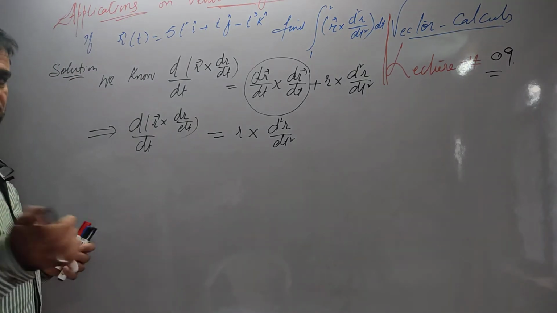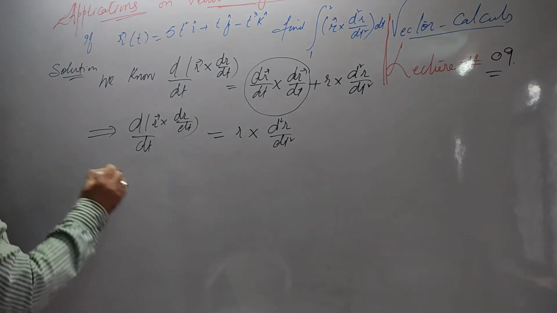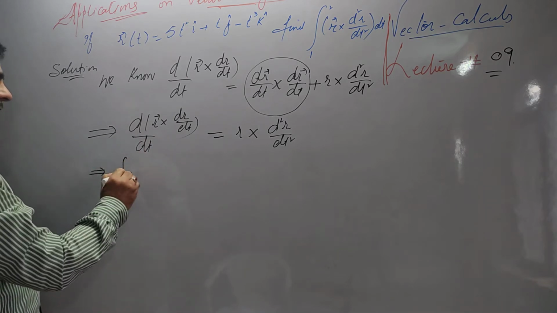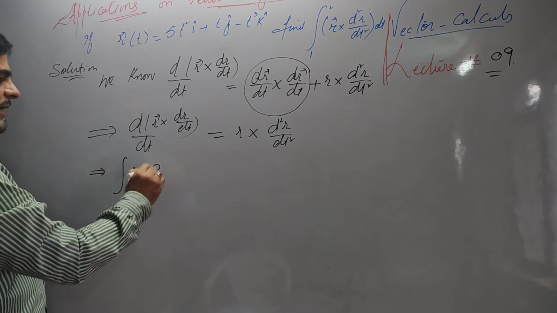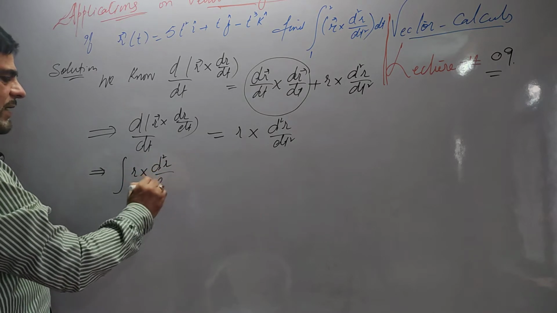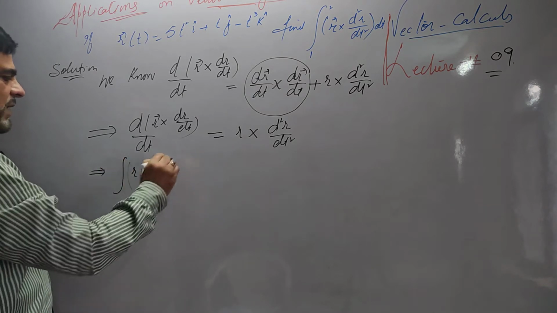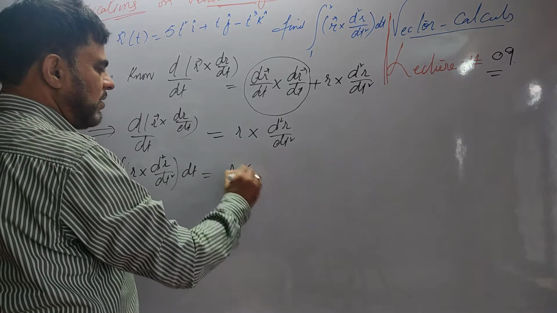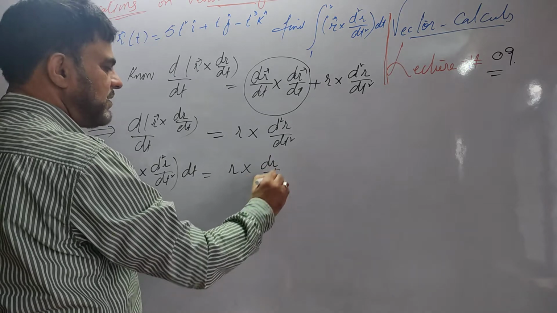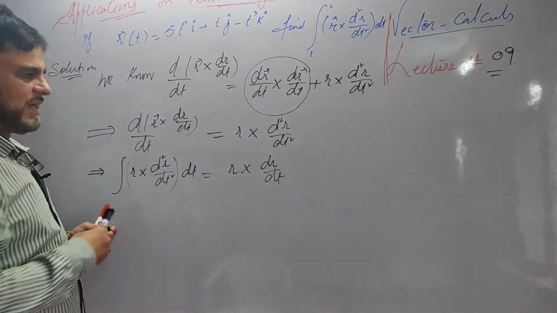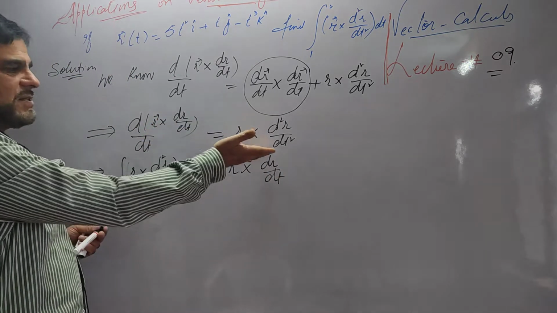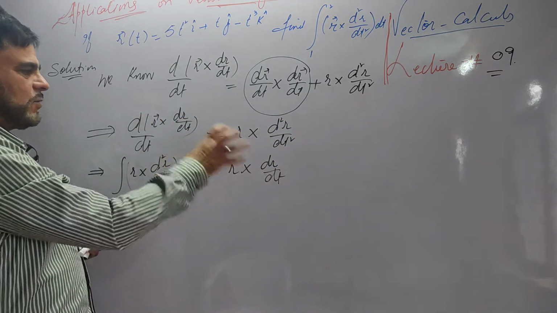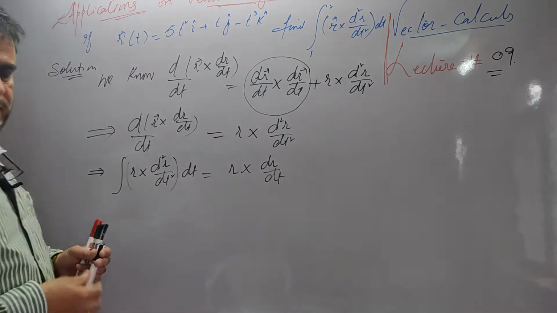By the reverse process of integration, we can write that the integral of r cross d2r by dt square with respect to t is simply r cross dr by dt, because the derivative of this is this.